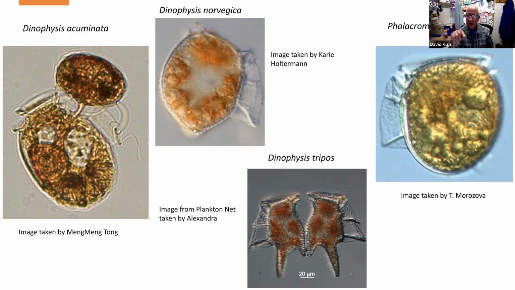When I was looking through some samples that came from Alaskan waters recently, I was finding this rather large cell, which I thought was a Dinophysis cell. I thought initially it may be Dinophysis acuminata, but it just was too big, too broad. In trying to key it out, I realized that it was an entirely different genus called Phalacroma. And this is Phalacroma rotundatum.